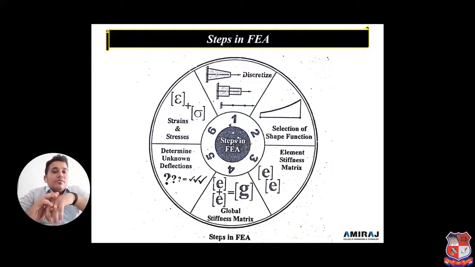Now one of the most important questions frequently asked in GTU: the steps of FEA. These are the 6 steps we have to know. The first step is discretization, the second is the shape function, the third is the element stiffness matrix, the fourth is the global stiffness matrix, the fifth is determining the unknown deflection, and up to the end we have to find out the stress and strain.